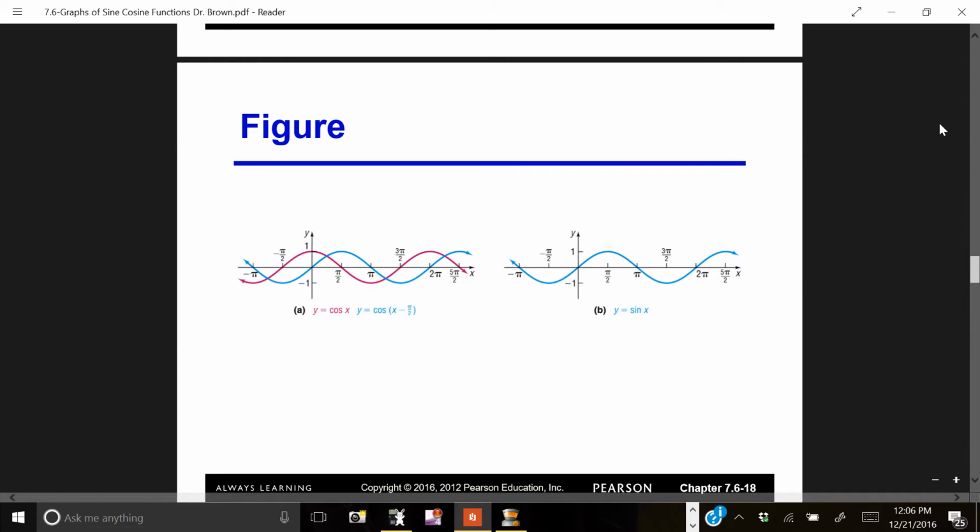Now I'm going to show a sort of an interesting thing. Obviously, we've got drawn here cosine of x and cosine of x minus pi over 2. Notice the cosine function is in red and the sine function is in blue.